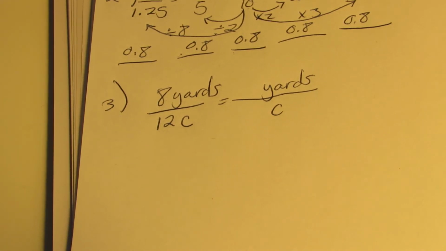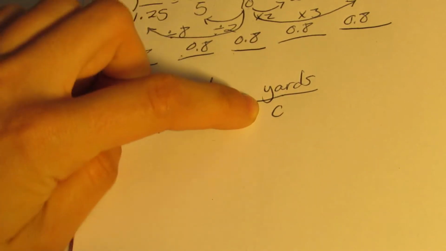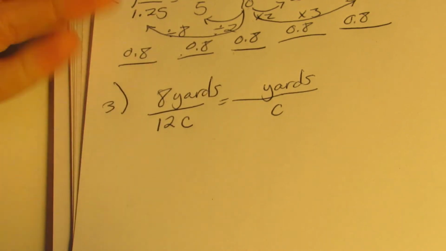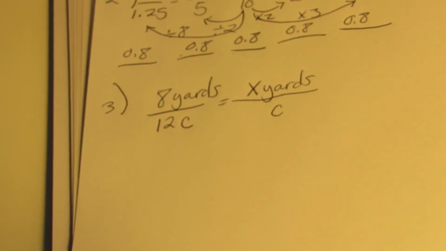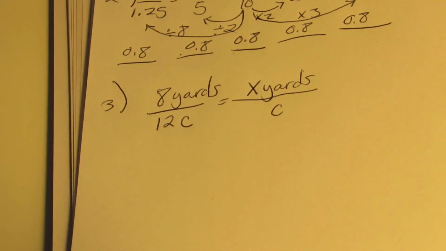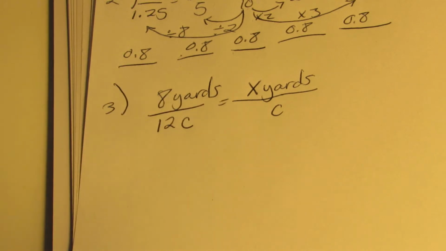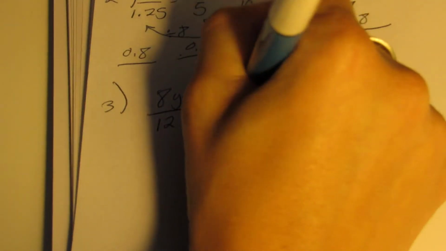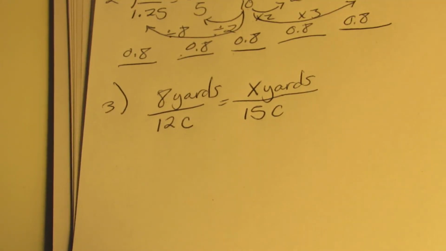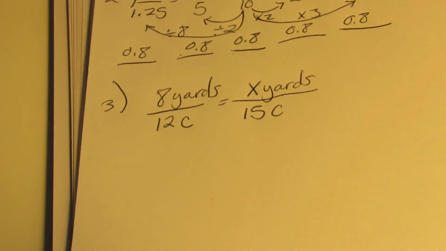That's what we're solving for. So which one of these units is going to tell you material? The yards or the costumes? The yards. So I'm going to put an X here because that's what we're looking for. How much material. And then it also gives you the bottom piece. It says will she need for 15 costumes. It tells me the amount of costumes I'm looking for. 15.